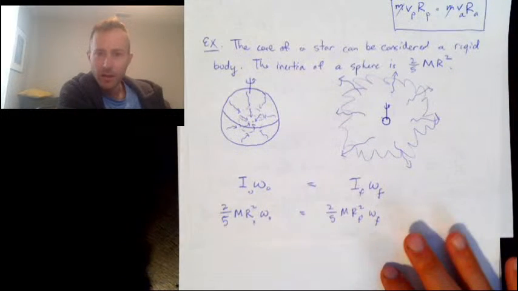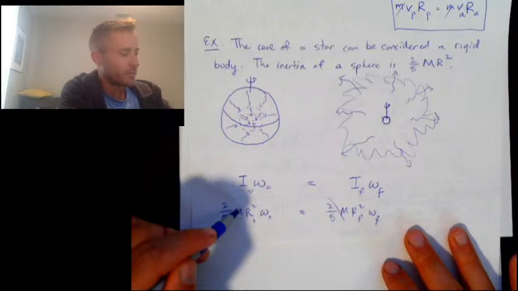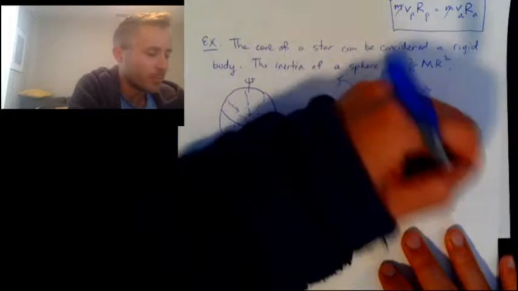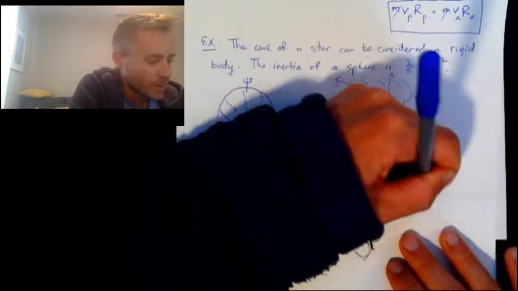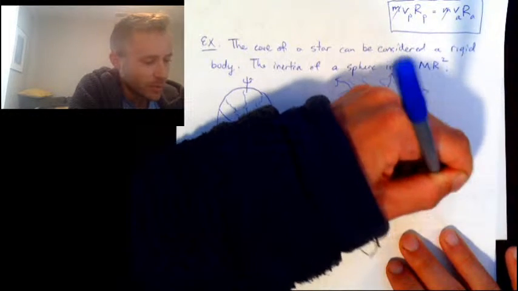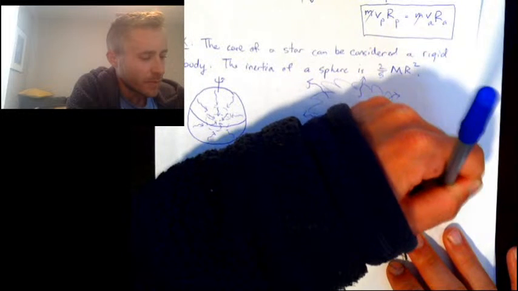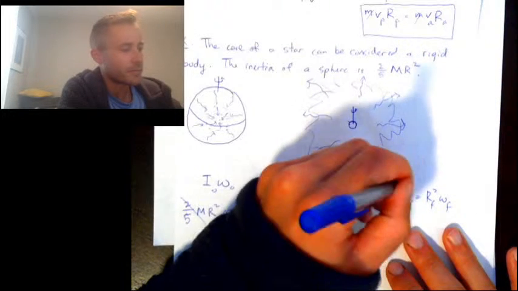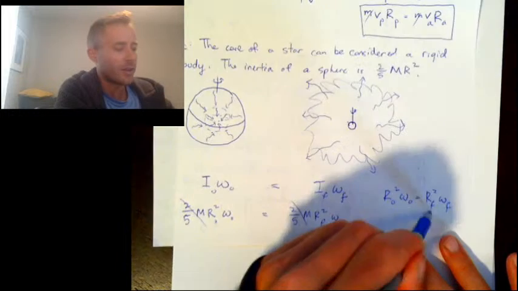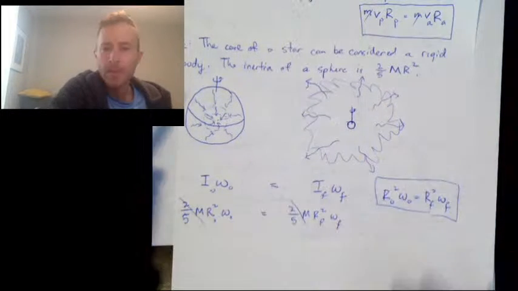All right. And the 2/5 m's cancel out, so they're not important. And basically what you get is r initial squared omega initial equals r final squared omega final. Okay, so this is kind of the master equation for this problem.